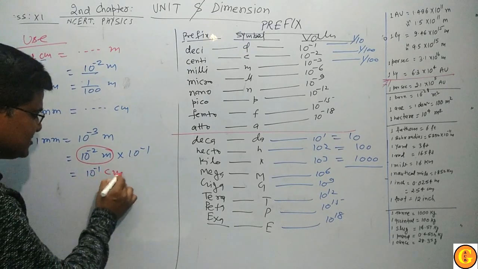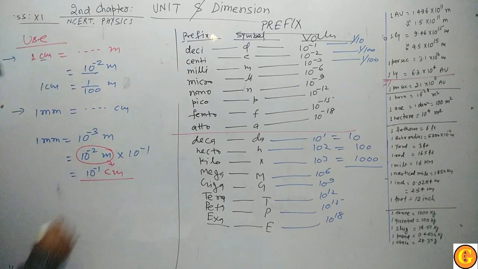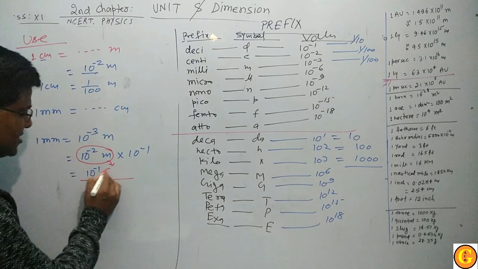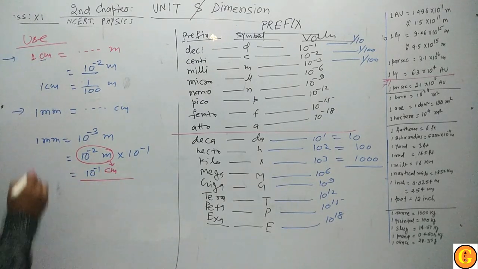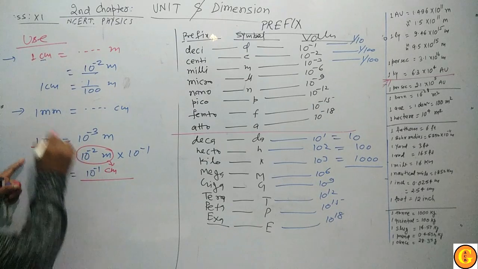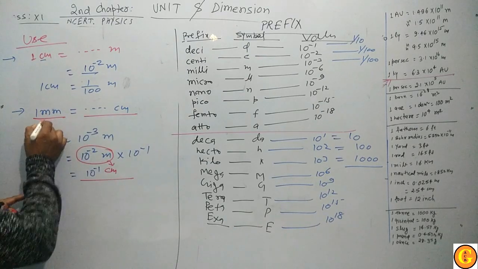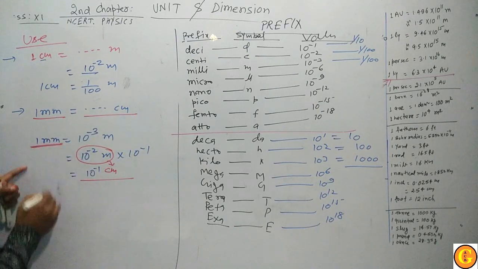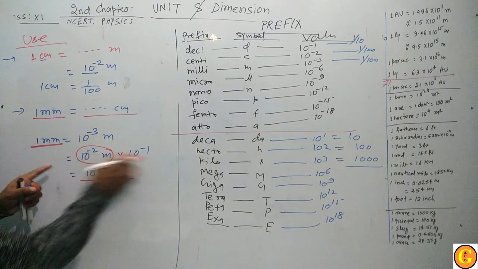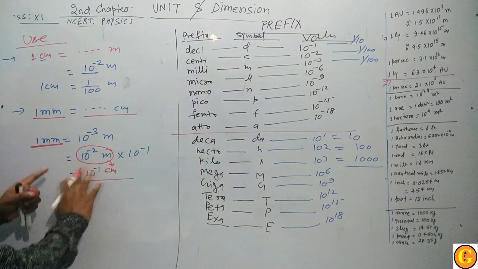Just write the value of 1 millimeter and convert the numerical value as you want.